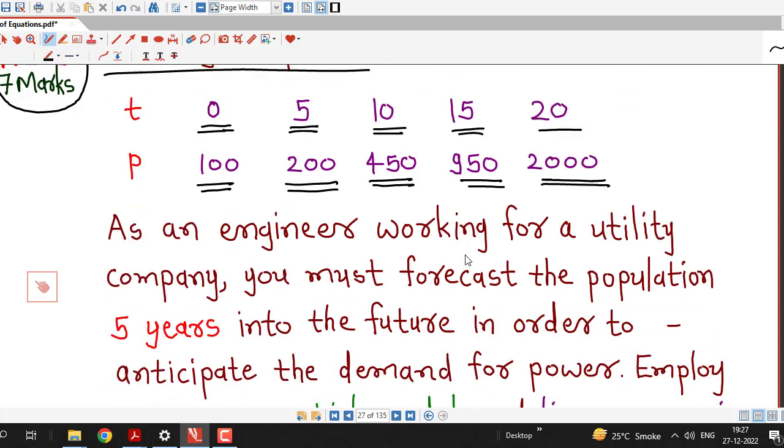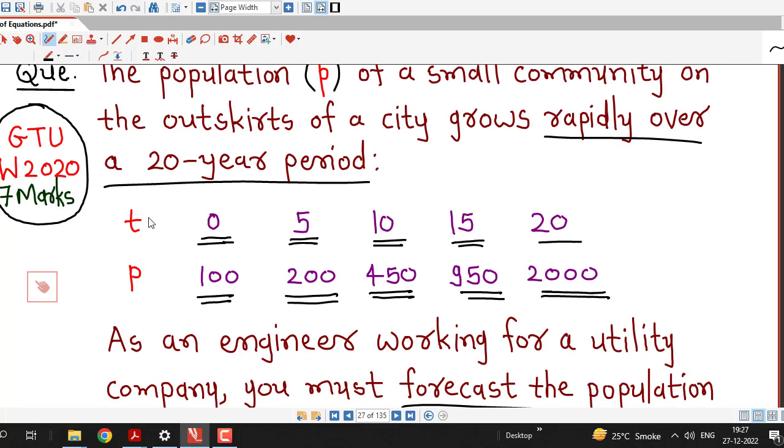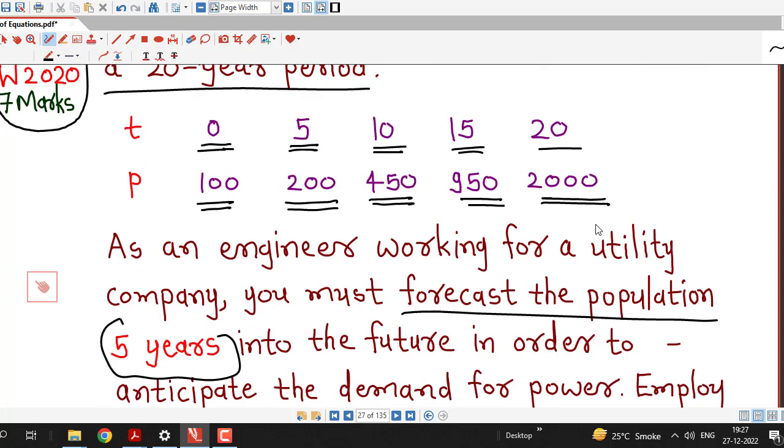As an engineer working for a utility company, you must forecast the population 5 years into the future in order to anticipate the demand for power. That means you are given the data of population over a period of 20 years, and using this data you have to forecast the population 5 years into the future.